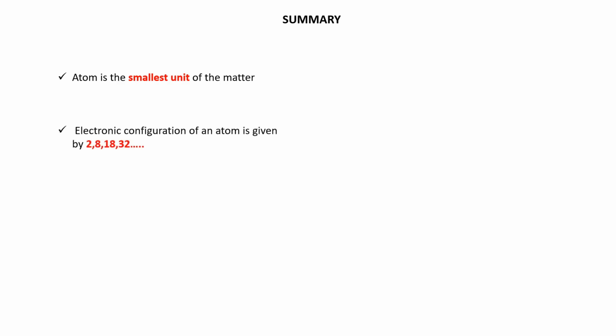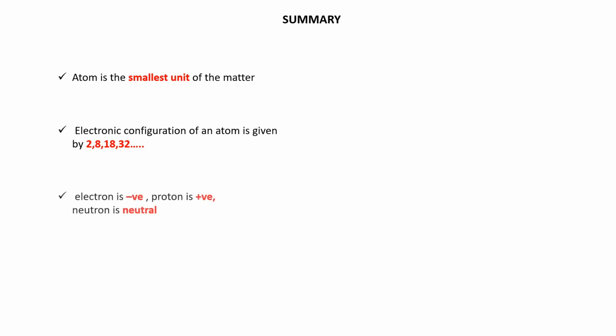Let's summarize all the points that we had seen in this video. The very first point is that an atom is the smallest unit of matter. Matter can be solid, liquid or gas. The second point is that the electronic configuration of an atom is given by 2, 8, 18, 32. Now this 2, 8, 18 can also be 2, 8, 8 as we had seen in the chlorine example.